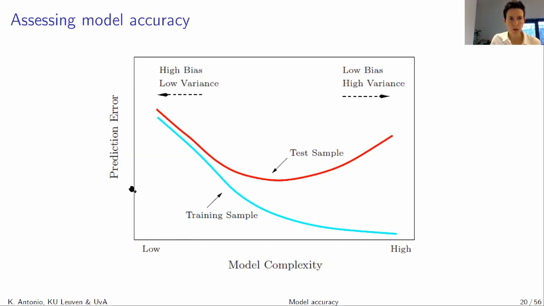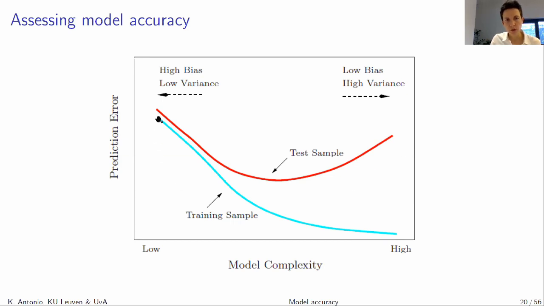On the y-axis, we express the prediction error. Think about a mean squared error or a loss function. Now we are going to evaluate this prediction error both on our training data and on our test data.